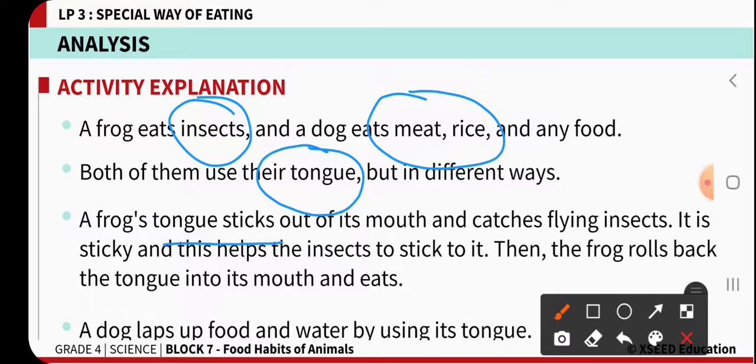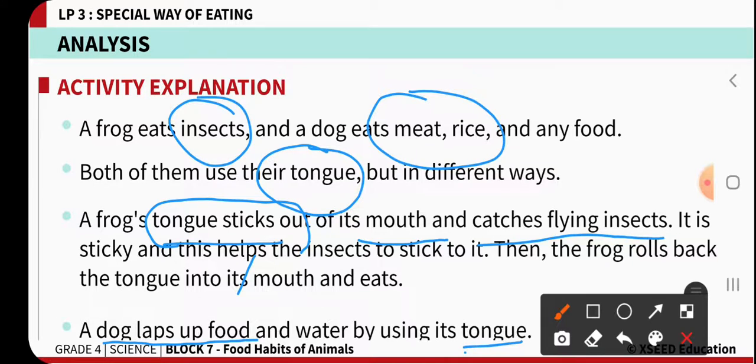But if you observe the tongues of dogs and frogs, frogs have sticky tongues that they bring outside their mouth to catch flying insects, whereas the dog laps up food and water using its tongue.